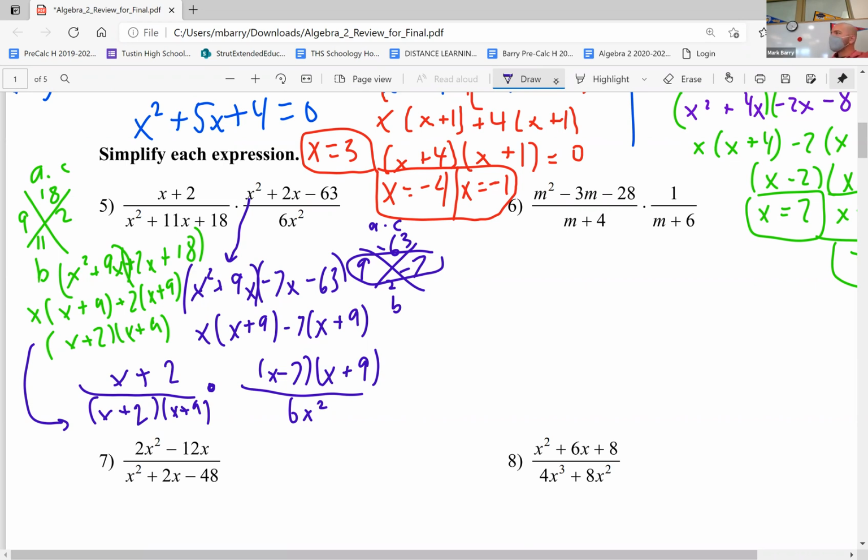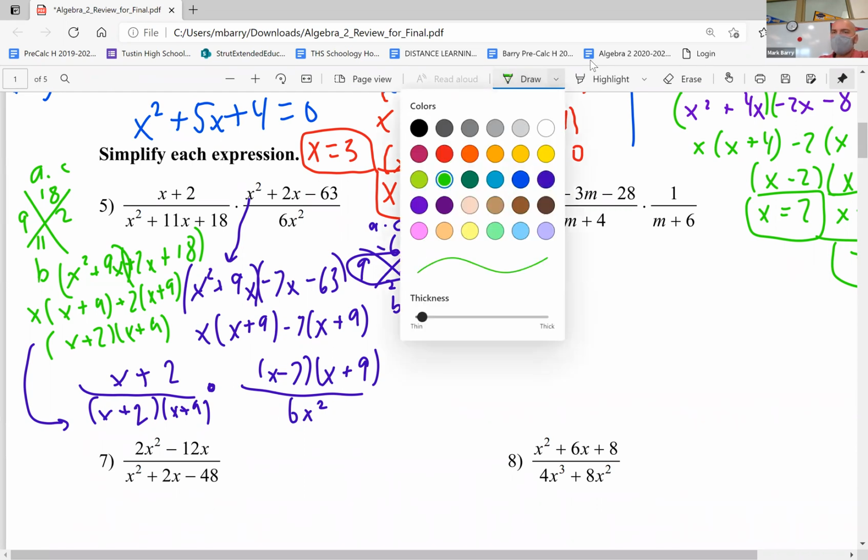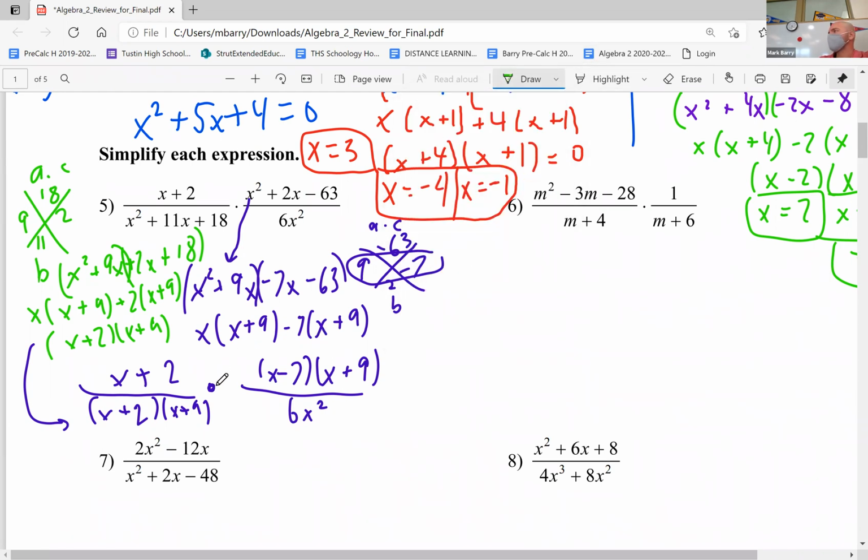Anything that's the same parentheses on top and bottom, you can cancel out, as long as it's multiplying in between here, which it is. It does not have to be from the same fraction, but it's okay if it is. So I can cancel out this x plus 2 with the x plus 2.